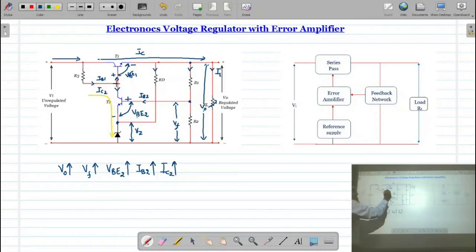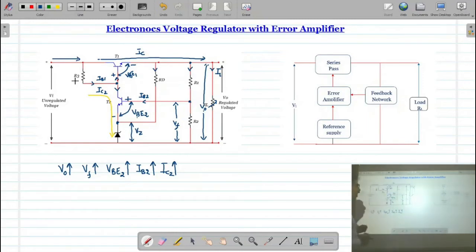Now when this current increases, because R3 is a current limiting resistance, then naturally the IB1 will decrease, because this resistance R3 is keeping a current constant.